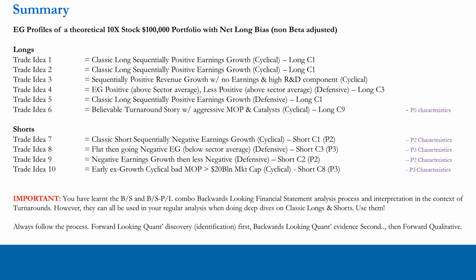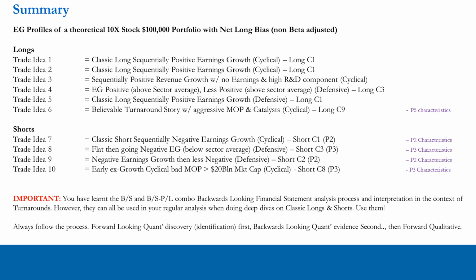We've done analysis on that, we've done process on that, and we've done some interpretation in the context of turnarounds. However, all of these backwards-looking financial metrics that we looked at can all be used in your regular analysis when you're doing a deeper dive on even classic long and short setups. So please use them in all of your analysis, even when you're looking at classic longs and shorts.